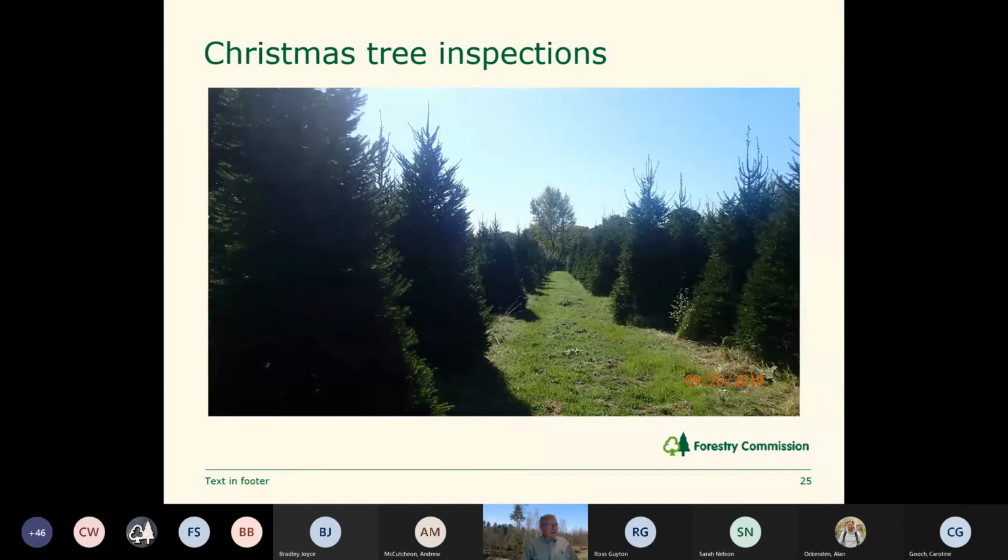They're monitored and surveyed and often treated with insecticide fairly readily. So healthy and in cycle Christmas tree plantations are a very low risk, but overstood Christmas tree plantations that become stressed and in poor health are a different challenge for us.